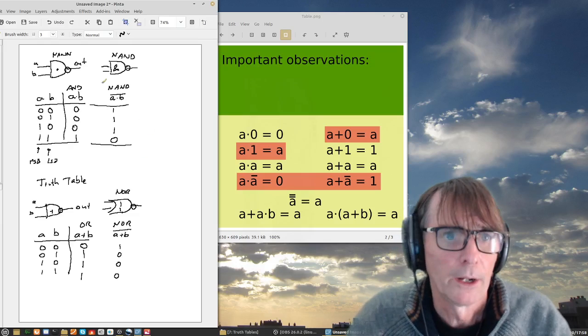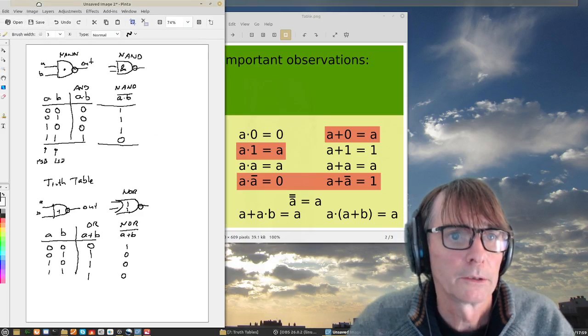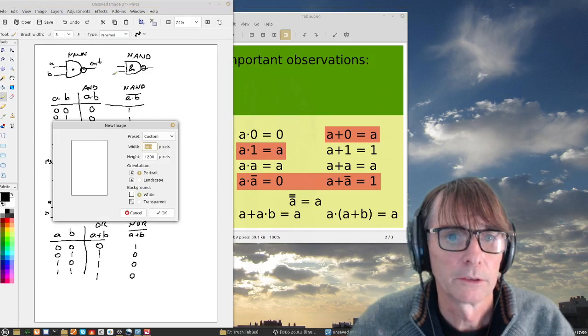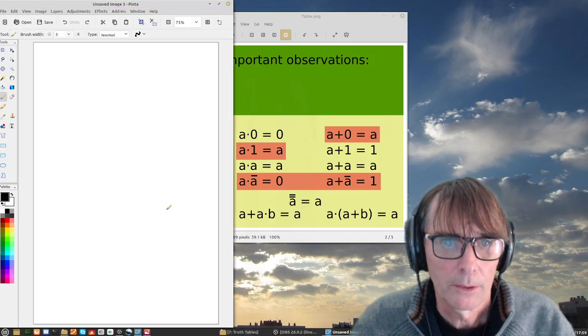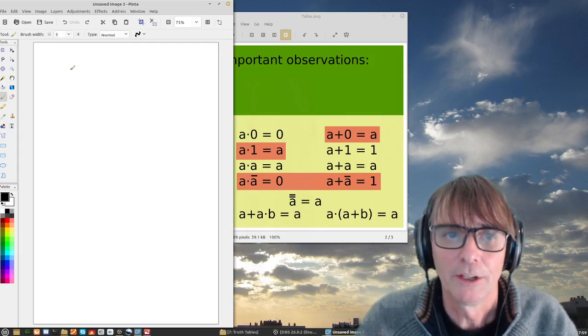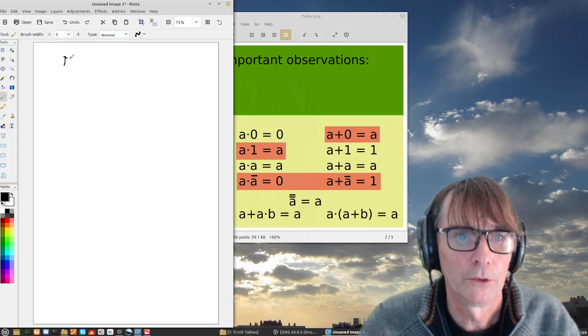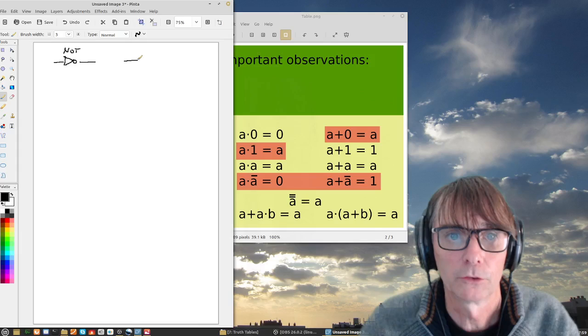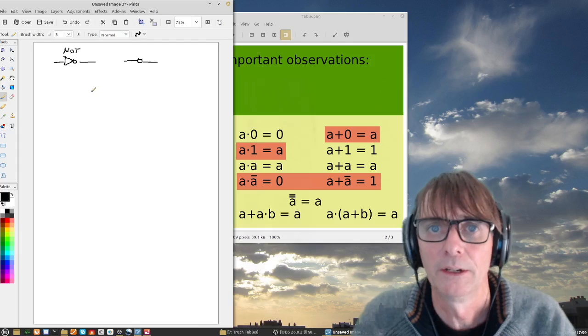The next one that I would like to do, let me put here a new page. That would be a simple gate, which is just the inversion. For that one we just have one operand, and we either write it like this, which would be the NOT gate, or I just write a small circle, and that would mean negation.